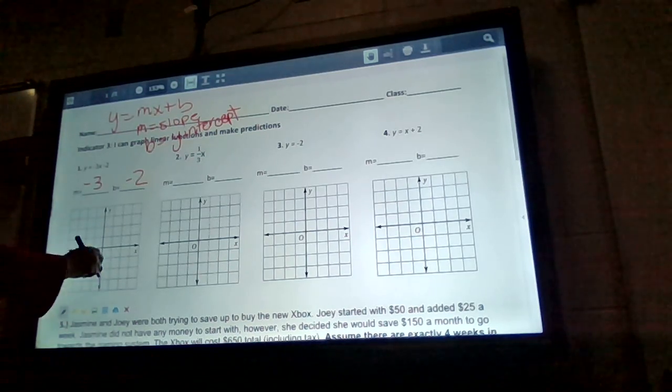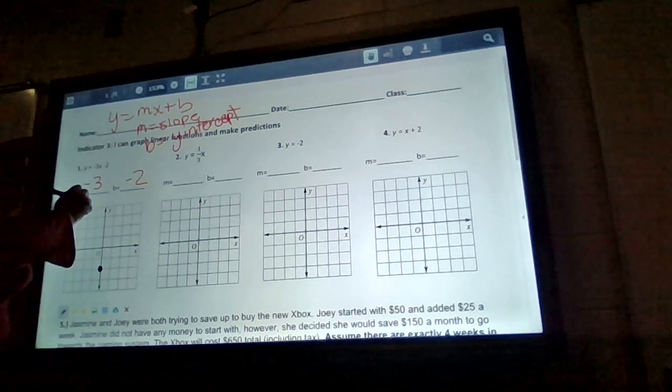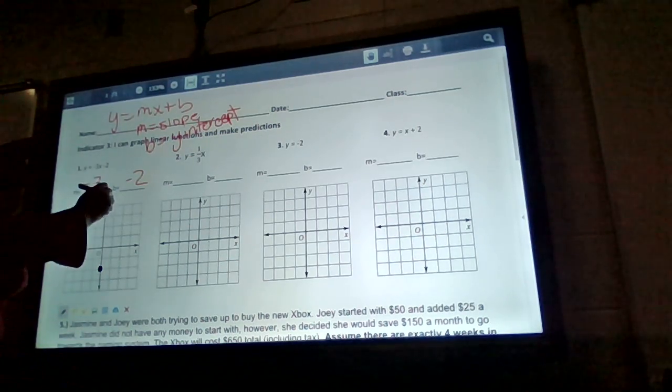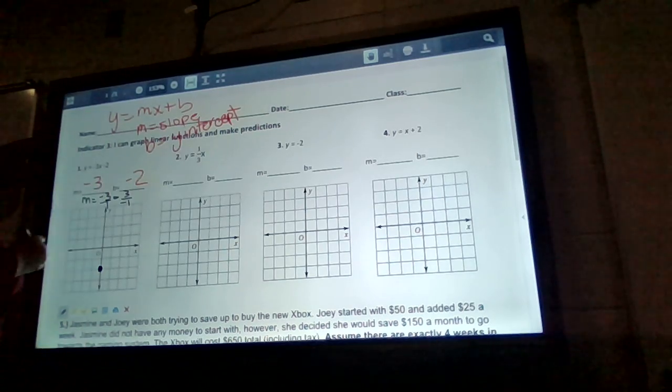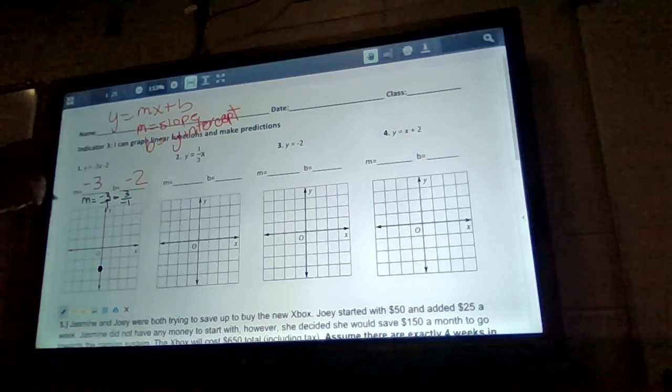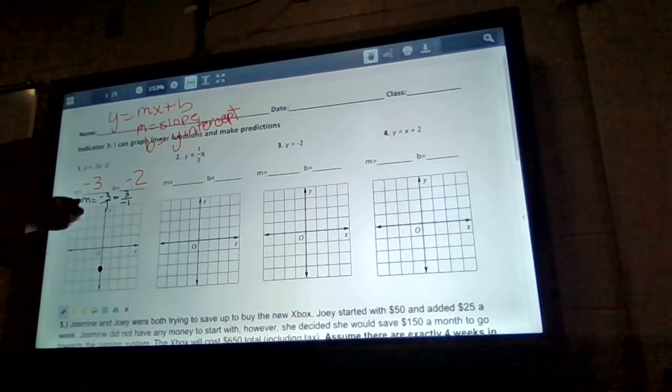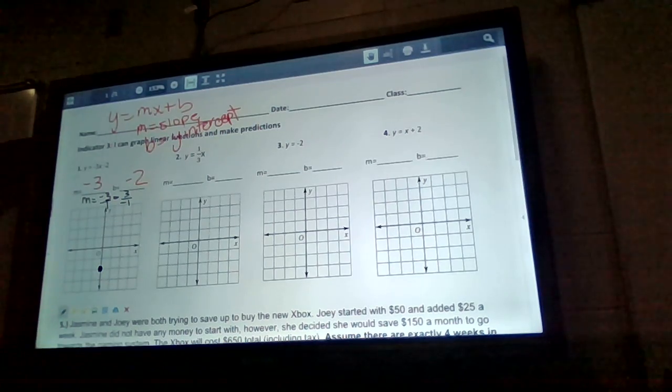Okay, I can't go down 3. Let me show you something. So that's the way we would normally look at the slope. But this is also true. That's the same number. 3 over a negative 1 is the same number. So I can go down 3 and over to the right 1, or I can go up 3 and back to the left 1. Is that confusing?